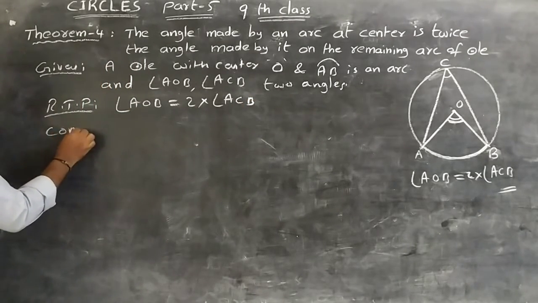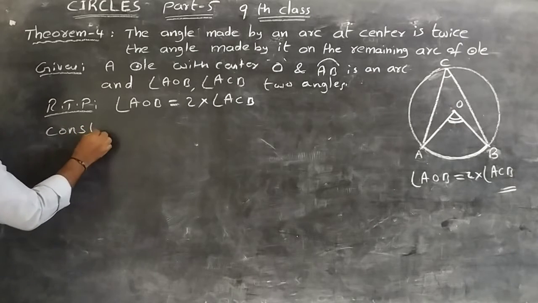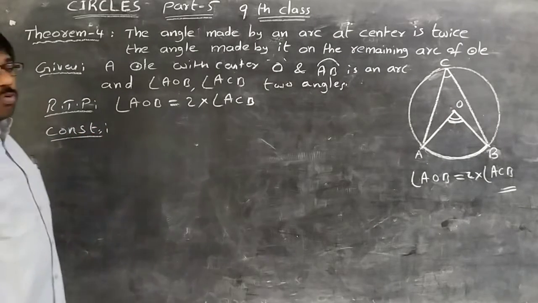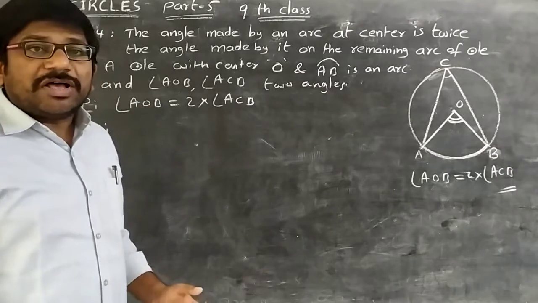Now the construction. Here a small construction is needed. Before proving this, we have to draw some constructions.